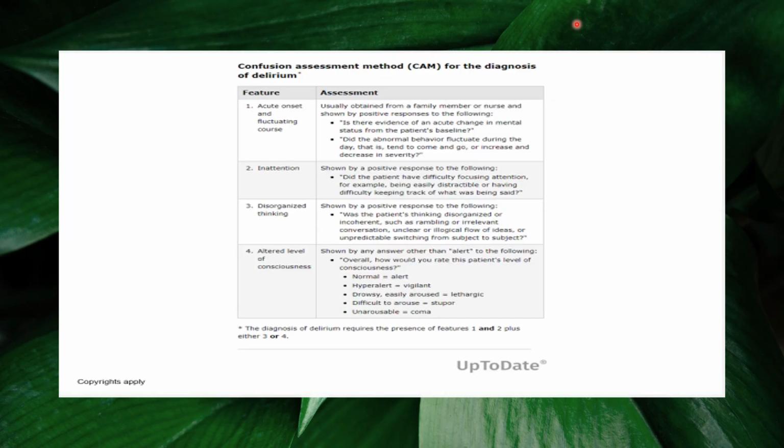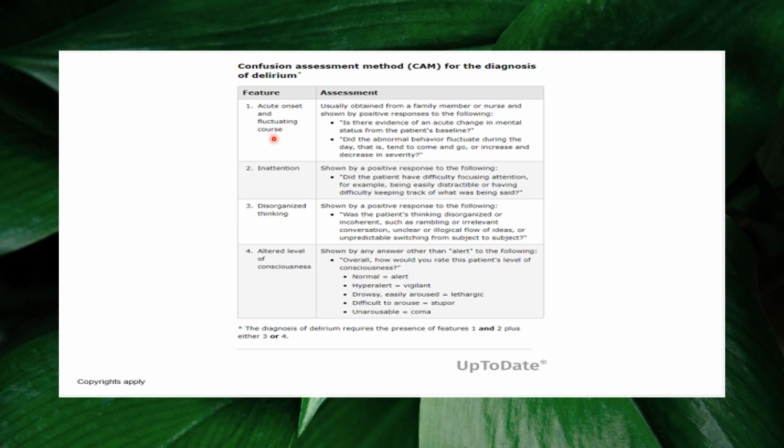CAM-ICU or confusion assessment method for ICU is used for the diagnosis of delirium in ICU. It consists of 4 parameters. The first parameter is whether there is any acute change in the mental status or abnormal behavior that fluctuates during the day.